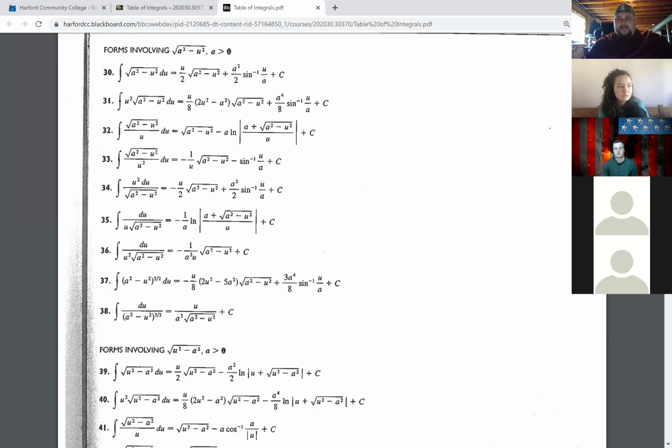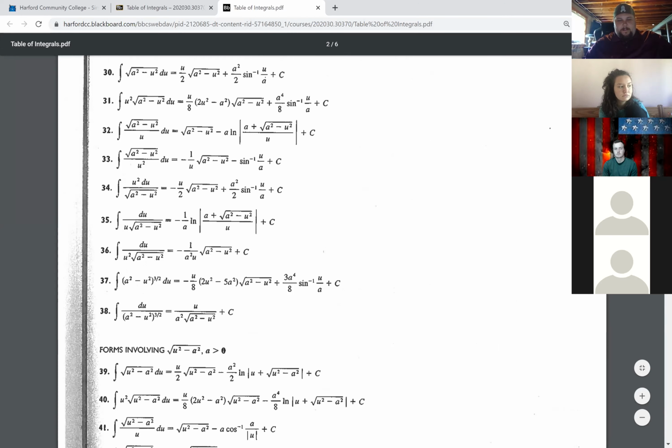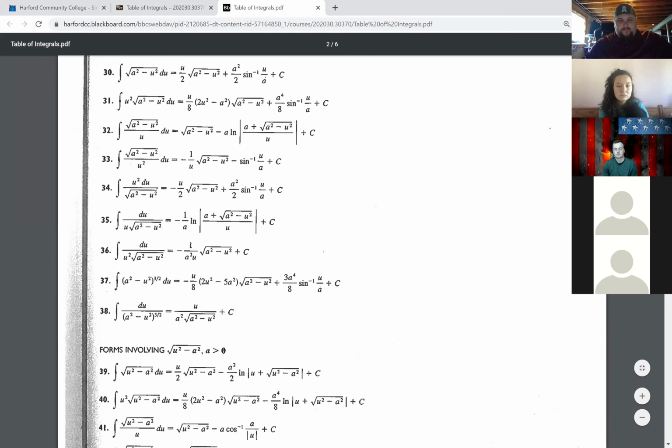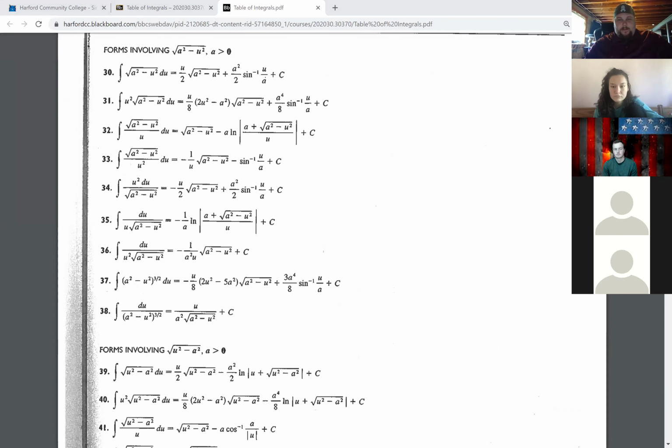So our task is to take the integrals in this worksheet and make them look like something in that table of integrals. Unfortunately the numbers here don't match up with that table, so I still have to change those.